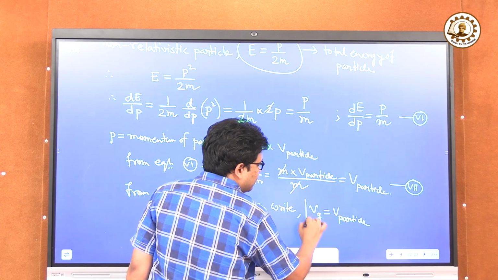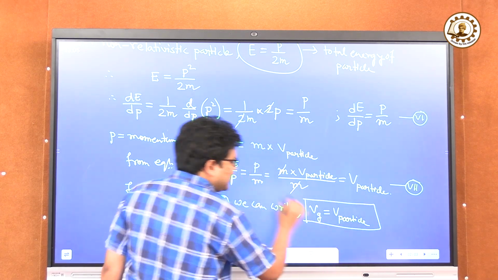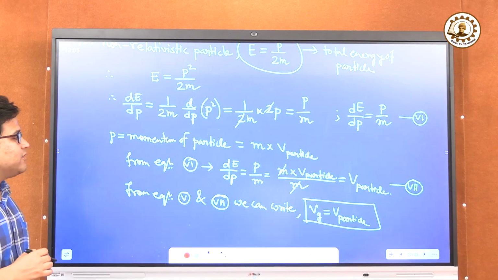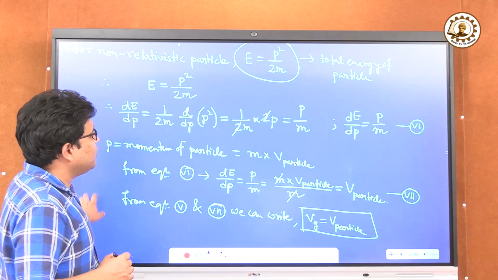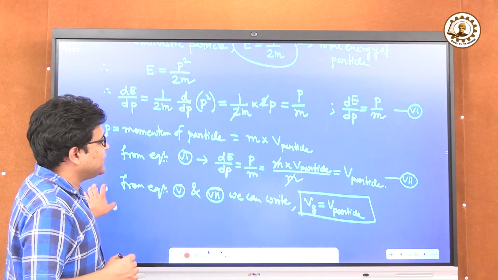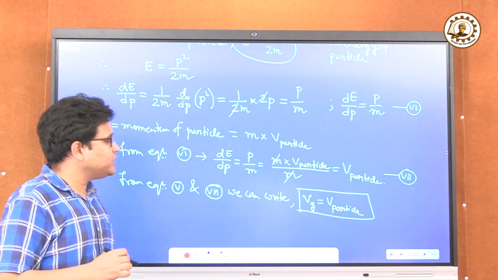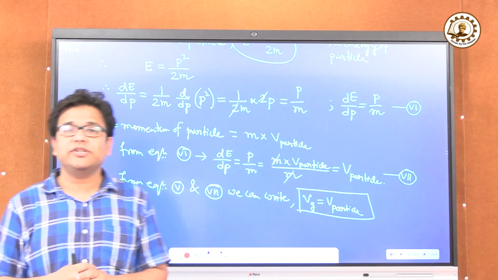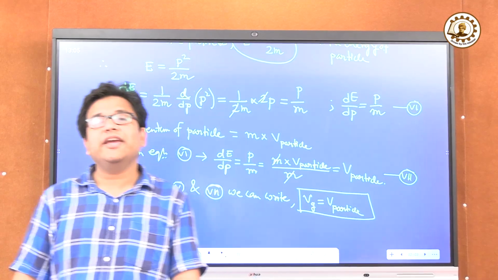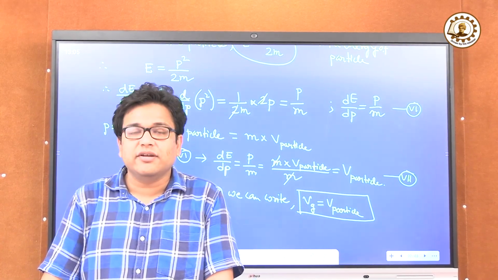That means group velocity is equal to the particle velocity. So we have already proved the relation between group velocity and particle velocity. That means the group velocity that is associated with a moving particle is equal to the particle velocity.